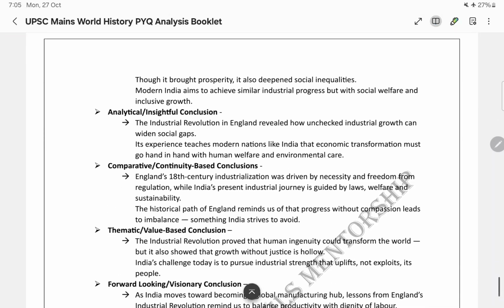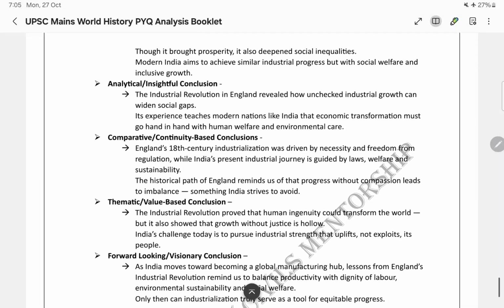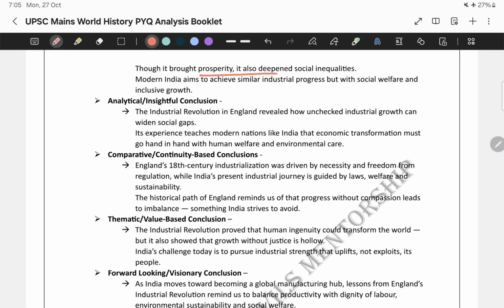Though it brought prosperity, it also deepened social inequalities. And modern India aims to achieve similar industrial progress but with social welfare and inclusive growth. So this is the direct one, where you are summarizing the question directly.